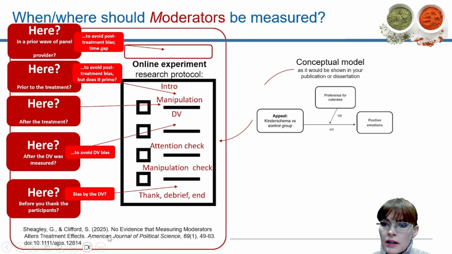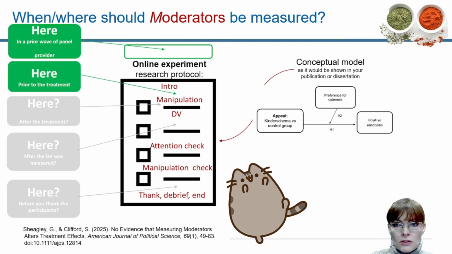In their 2025 paper, Sheagley and Clifford ran a number of simulations and a number of experiments, including panel response data, measuring different ways of collecting data to see whether it has any impact on the responses. So not to torture you, I'll give you their findings straight away.